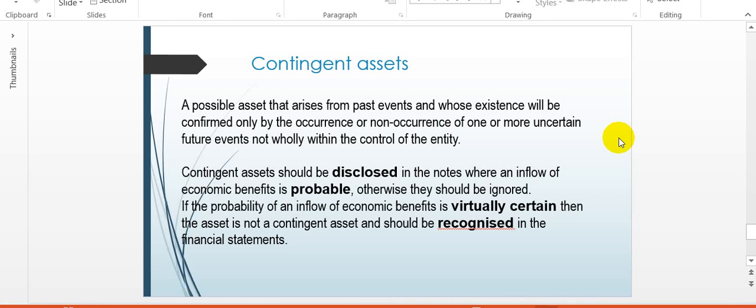Contingent assets should only be disclosed in the notes where an inflow of economic benefits is probable. Otherwise, they should be ignored. But if the inflow of economic benefits is virtually certain, then the asset is not a contingent asset and should be recognized in the financial statements.